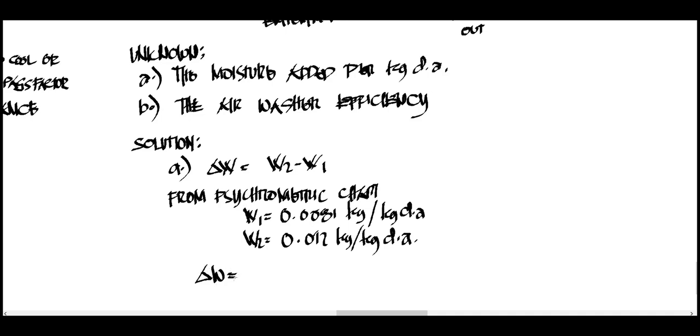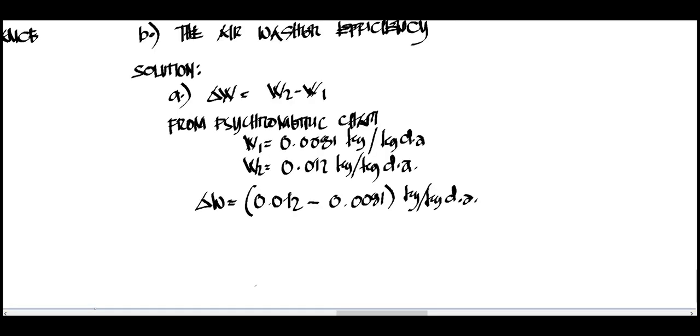So using your equation, we have now 0.012 minus 0.0081 kilogram per kilogram dry air. So we have the change in humidity, or say the moisture added.